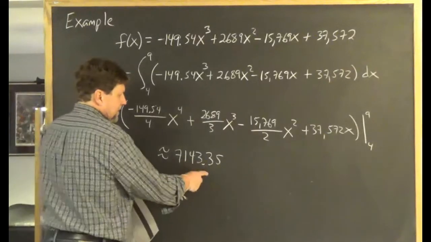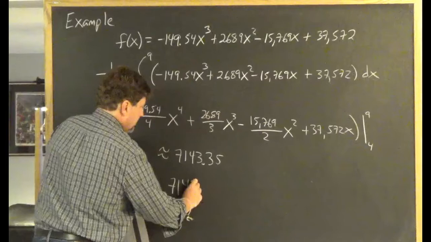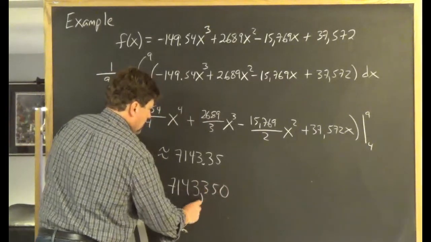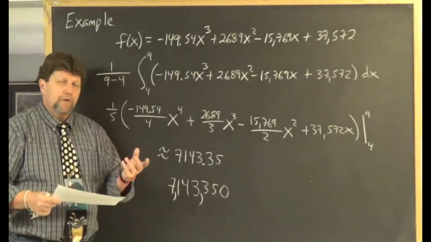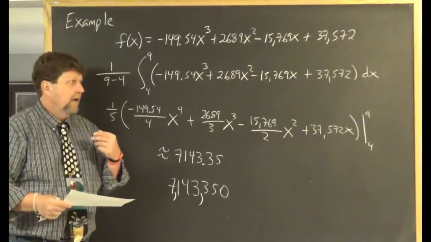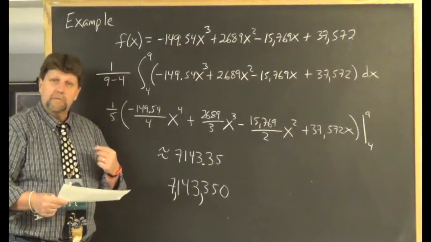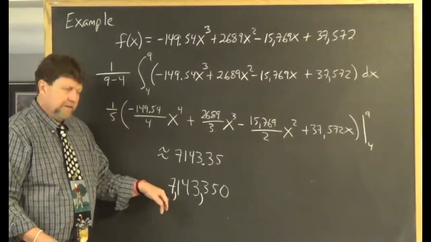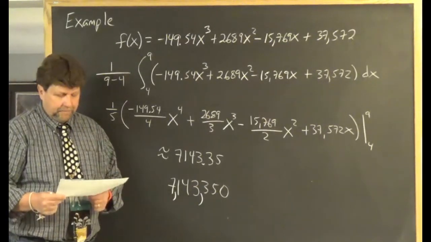So I would move the decimal place to the right 3. So on an annual basis, from 2004 to 2009, the average number of 60 kilo bags of coffee exported from Colombia is about 7,143,350 of those 60 kilo bags.